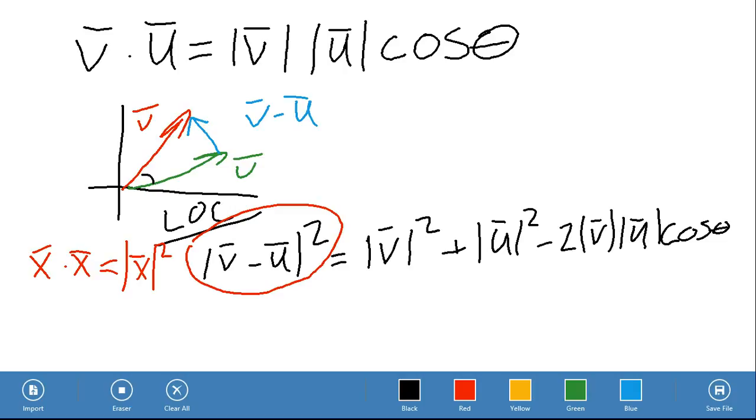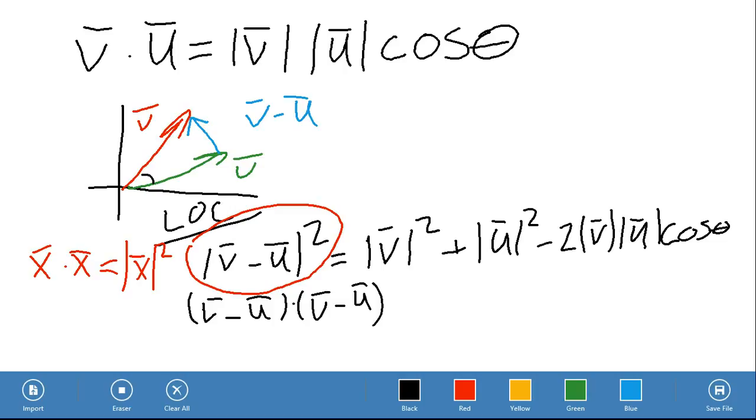So then that's going to be v minus u dotted here with v minus u. And I'm just going to ignore the right side of the equation for now. I'll come back to that in a little while. And what I want to do now is FOIL this out. So I want to have v dotted with v, which using the same property in red is just the length of v squared.